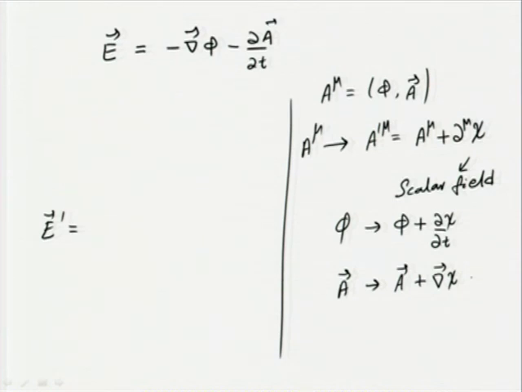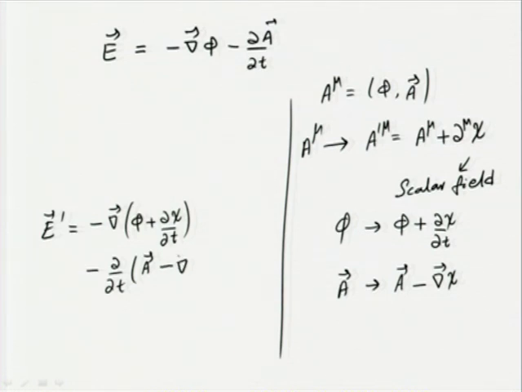Because gradient has a relative minus sign compared to the normal contravariant vectors, this will tell me that I have gradient of φ plus time derivative of a scalar function, minus time derivative of original 3-vector A, minus gradient of chi.